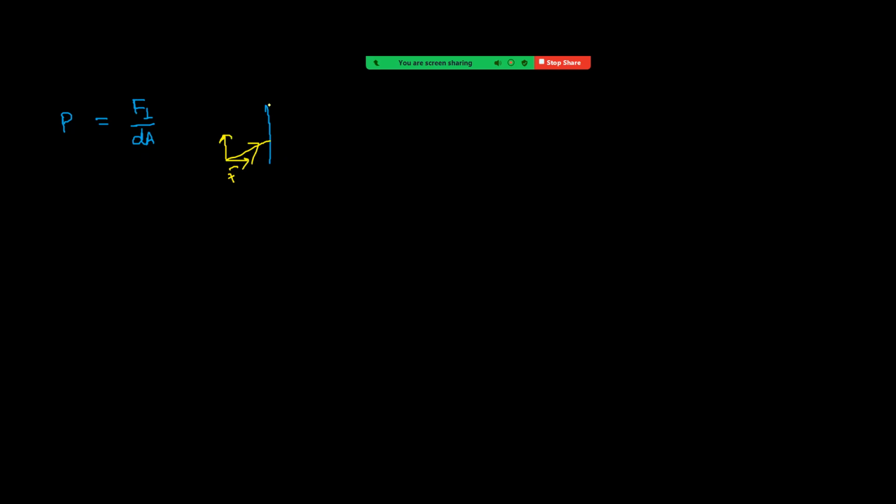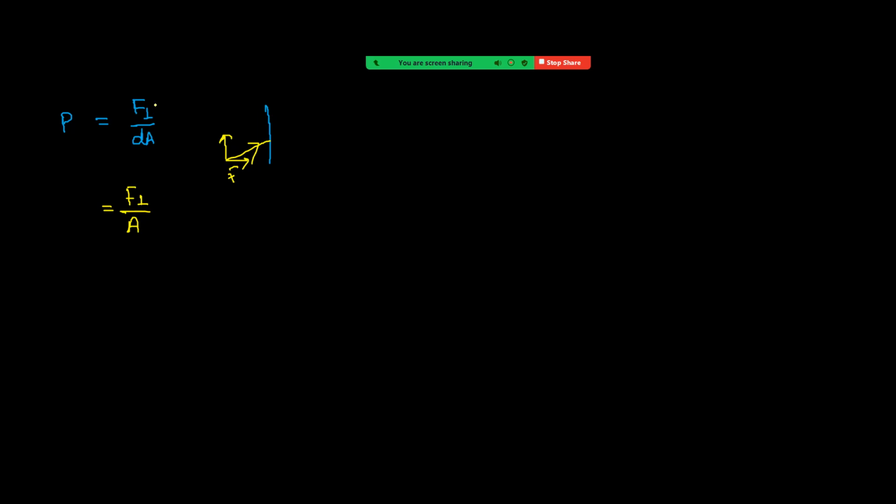When we are taking a plane surface, if the pressure is the same at each and every point in that plane, in such a case we can take the normal force upon the area of that plane.